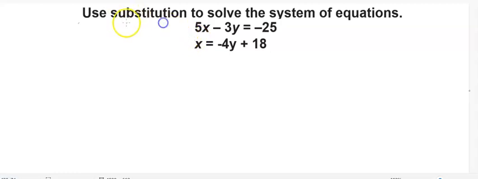Now with this problem, the good thing is that I know the first equation is in standard form, ax plus by equals c. But the good thing is the second equation, one of the variables is already by itself. So in this case, the x is already by itself. So I'm going to substitute x equals negative 4y plus 18.